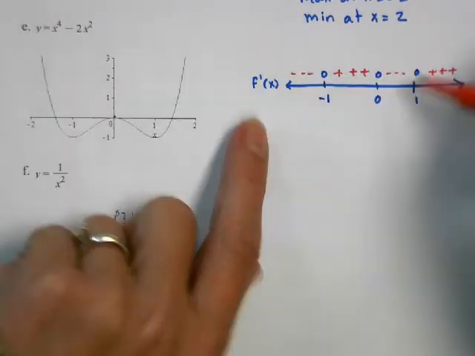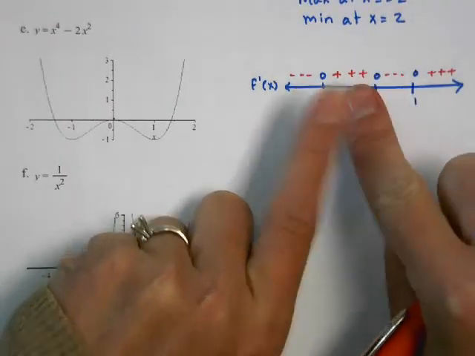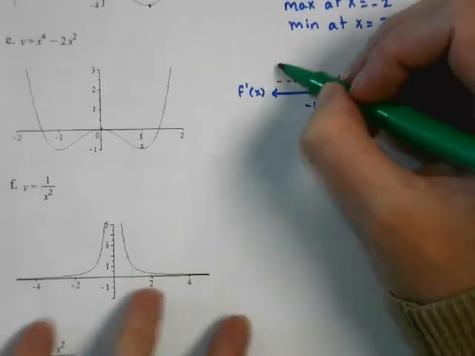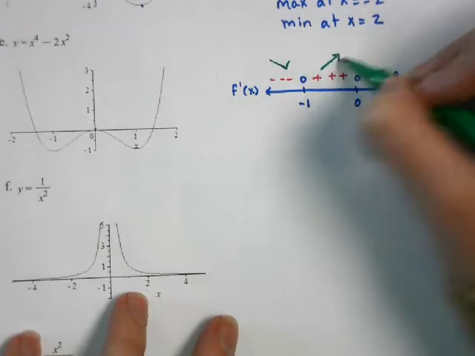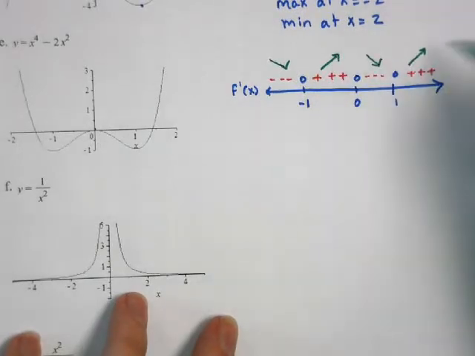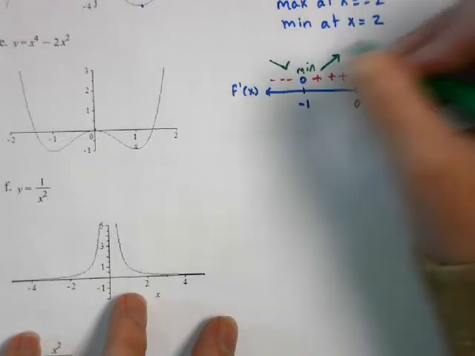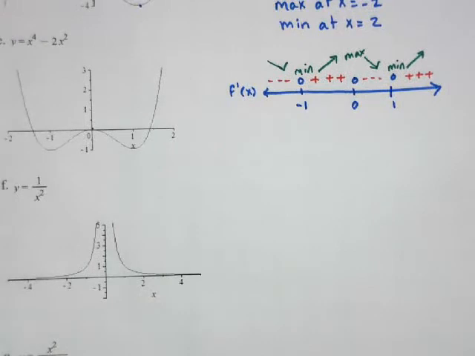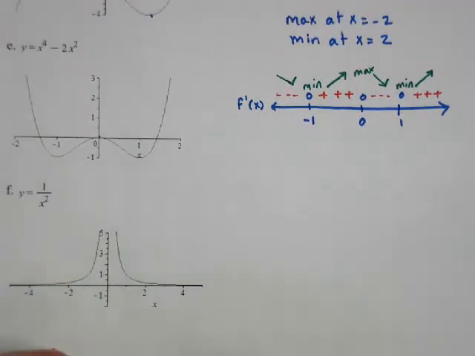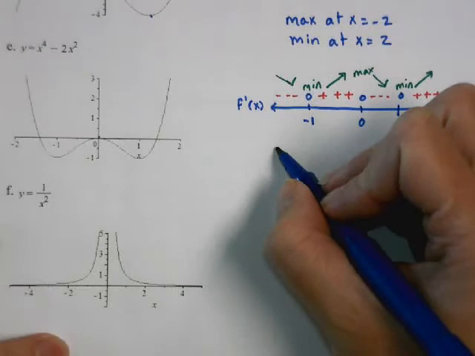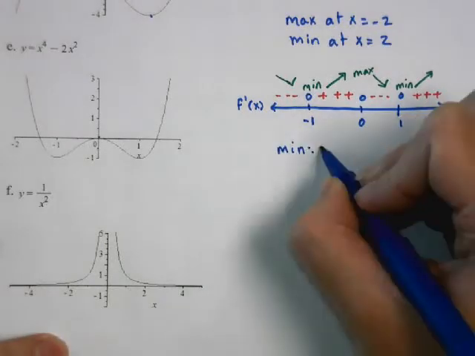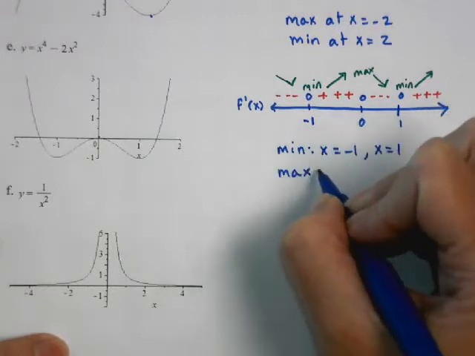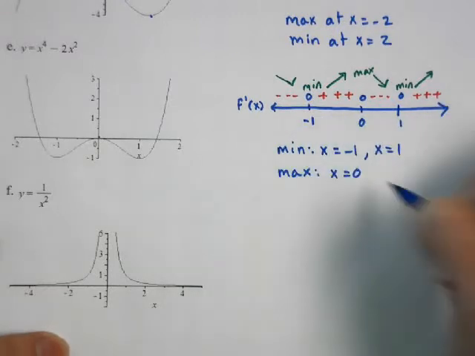So numerically, the derivative would be negative, positive, negative, then positive. So we have a minimum here, a maximum here, a minimum here. So we have 2 minimums at x equals -1 and x equals 1, and we have a maximum at x equals 0.